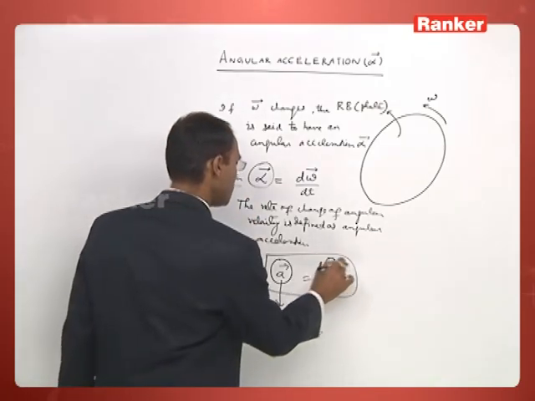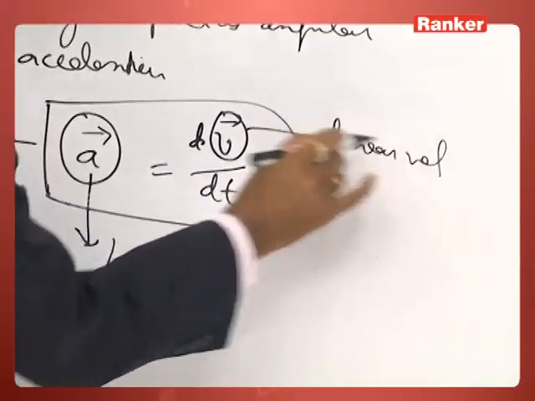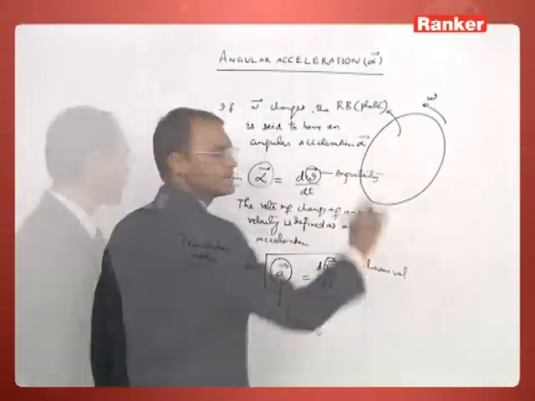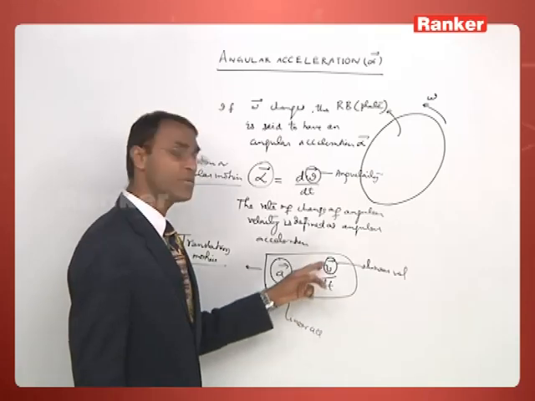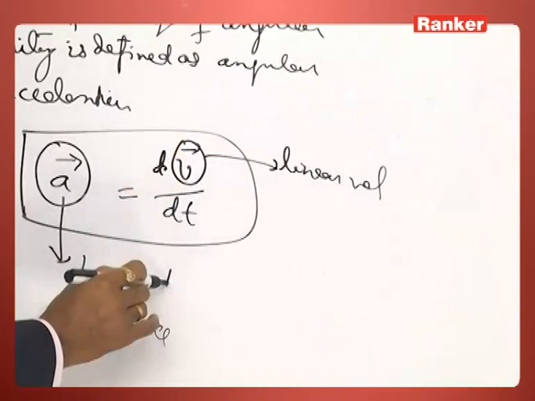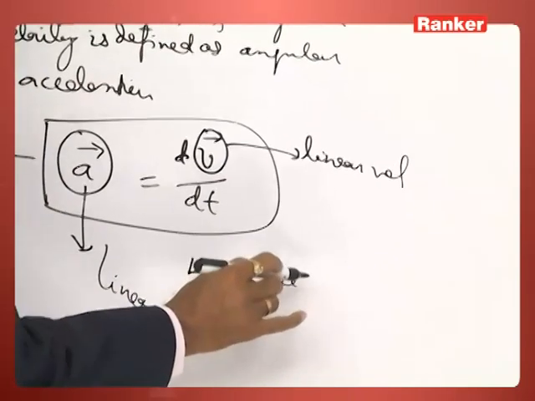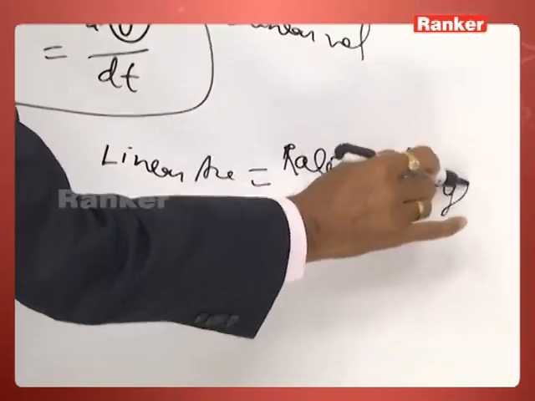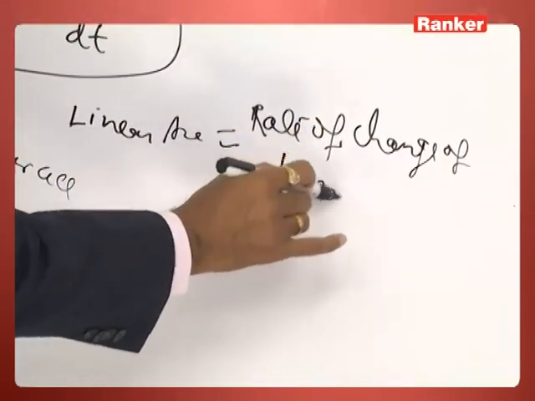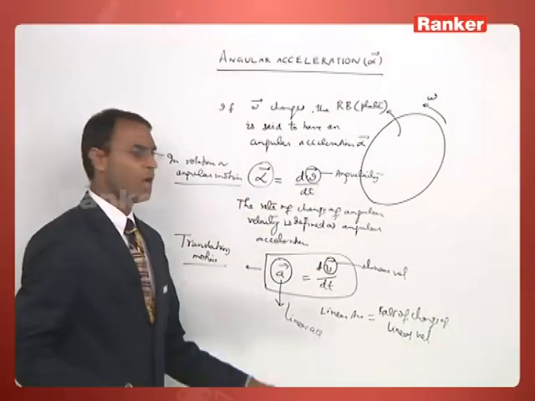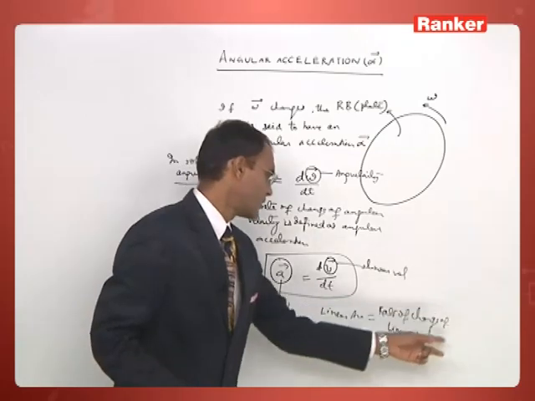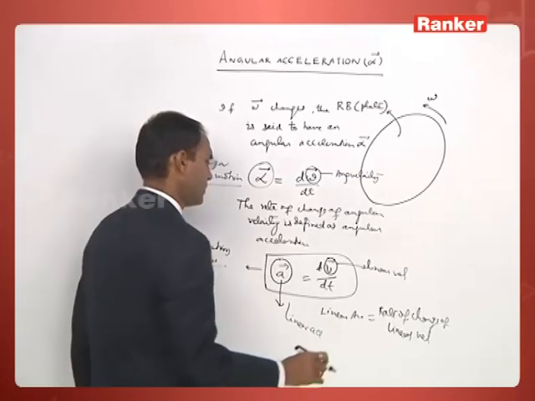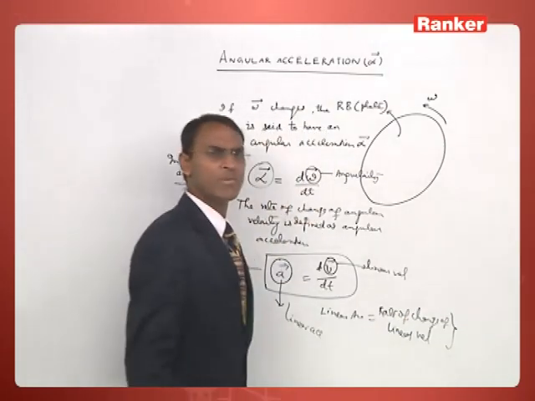This is called linear velocity, and this is called angular velocity. Linear acceleration is defined as the rate of change of linear velocity. We talked about this matter, or you would have read this matter in kinematics of a particle.